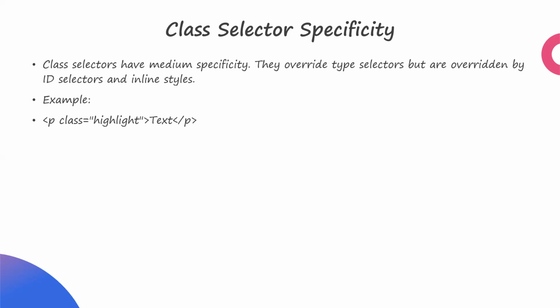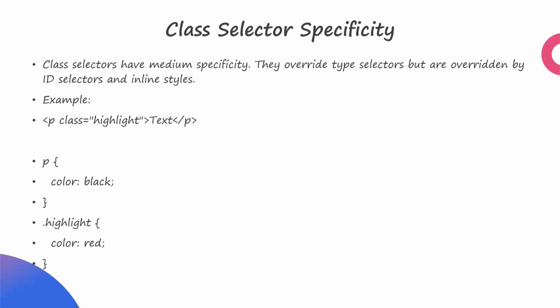So when I say I have a class highlight, and this is the styles I have here, we are styling this paragraph with black, but we are overriding it because the class selector has more specificity than the type selector.